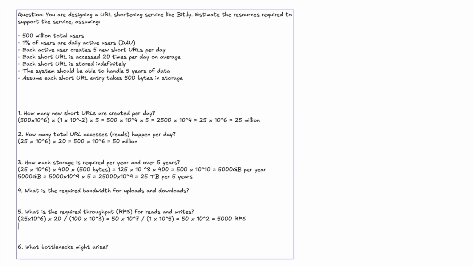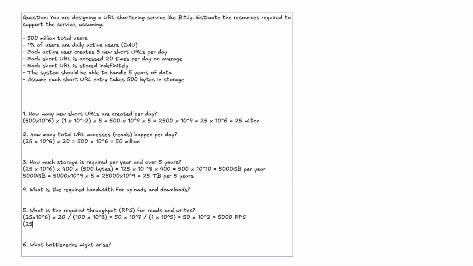So we already know that we have 25 million new URLs created per day. So let's just take this number and divide it by the total number of seconds per day. So we have 25 times 10 to the 6 divided by 100,000, or 1 times 10 to the 5th.